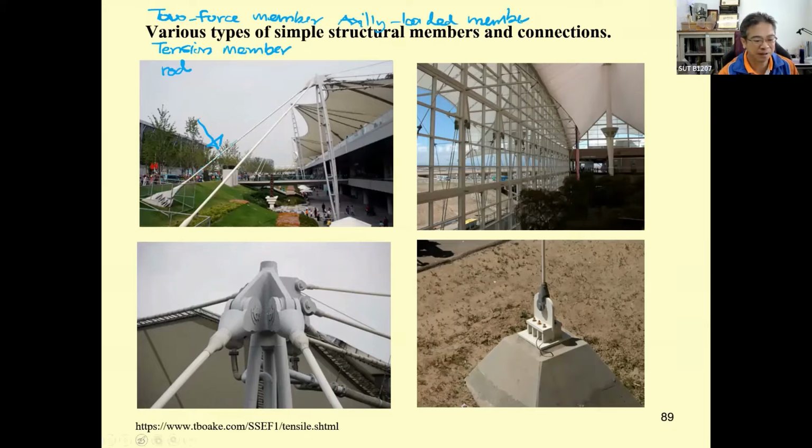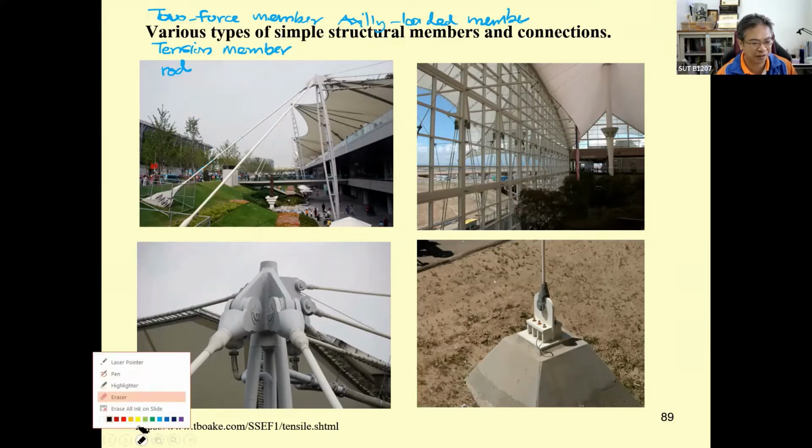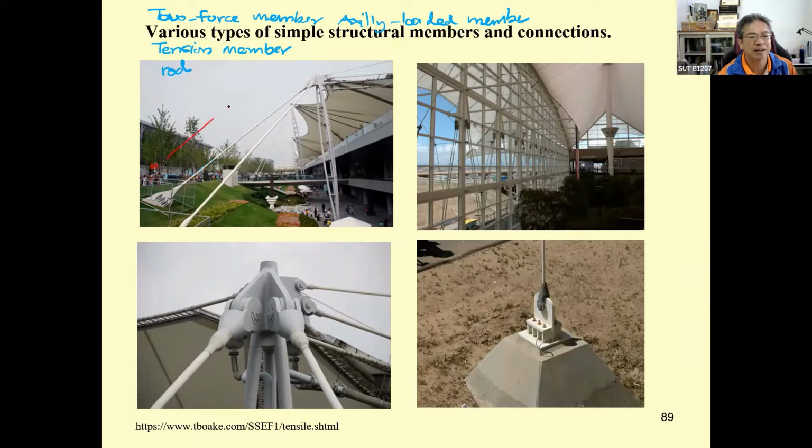There is a number of terminologies that describe only this portion. The simple thing is this structural member is going to be in tension, and if you just draw its free body diagram, you may take this one out of its support, and you can put the force, which is going to be an axially loaded force pulling on it.